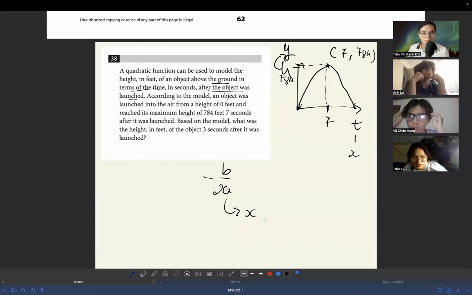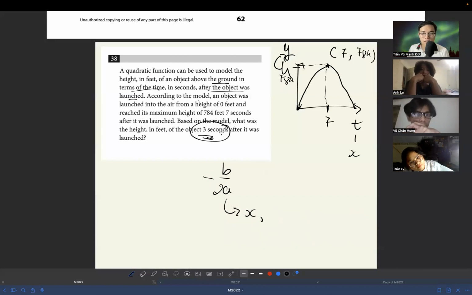But we'll come back to it later if we need, because it will be lengthy to come up with this. If they ask what is the height in feet of the object 3 seconds later, which means I will have to form an equation. And if I have to form an equation and I have the vertex, what can I do?